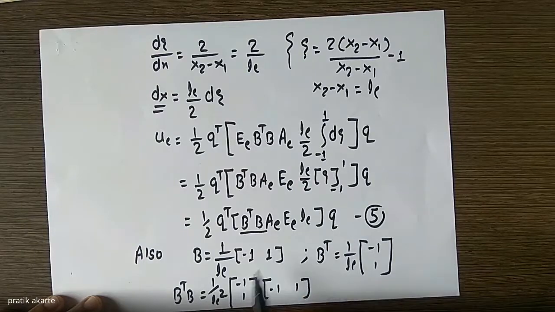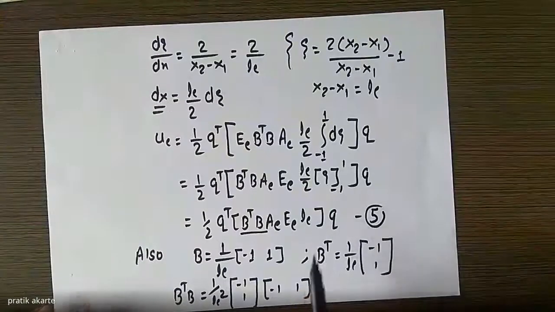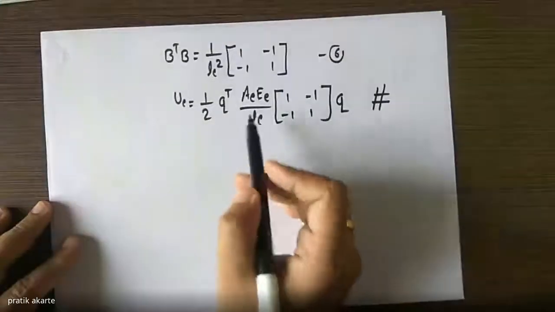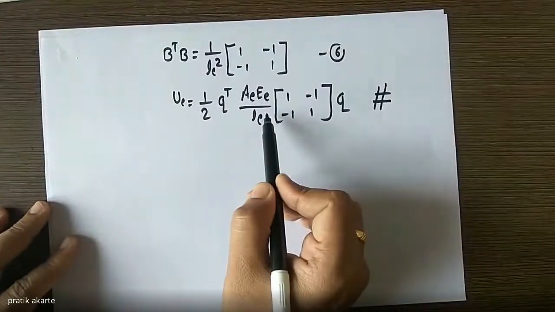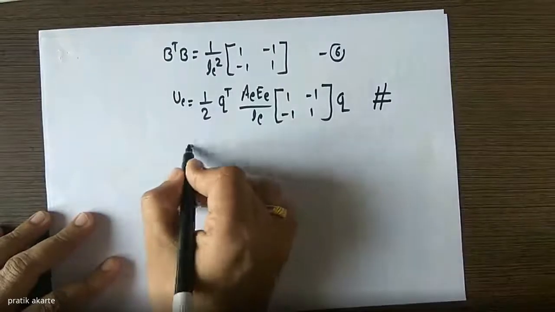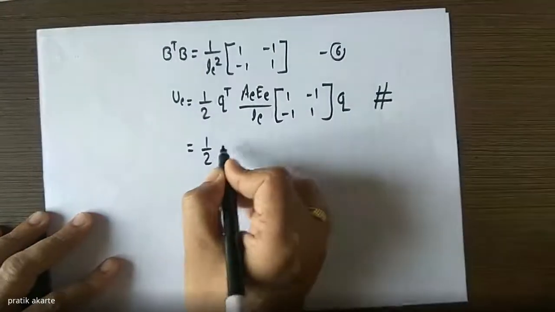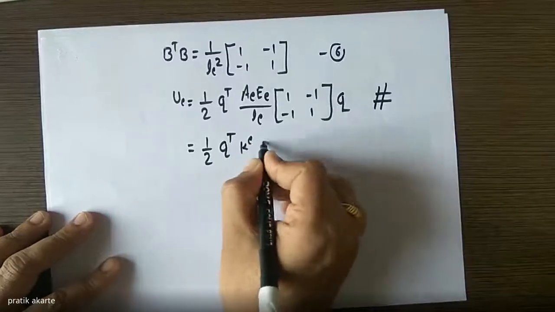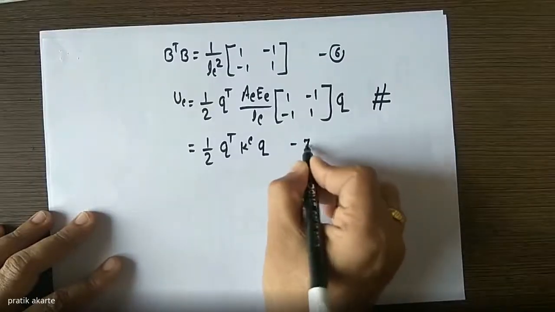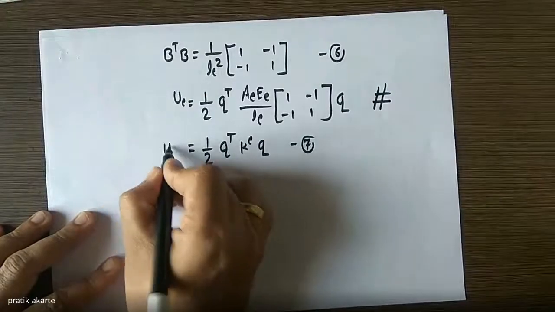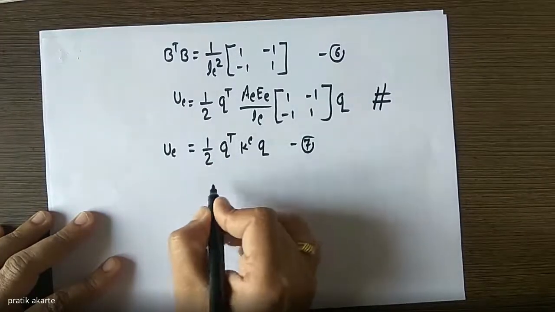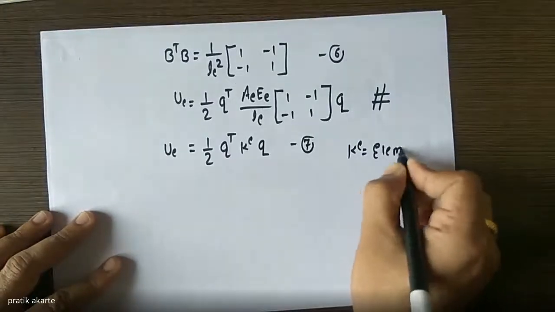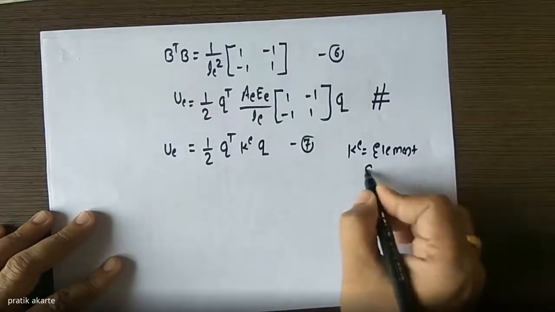So Le square is in the denominator and this Le will get cancelled, and you'll get this equation. So this equation I can write as half of q transpose Ke into q. This is equation number 7, and this Ke is called the element stiffness matrix, which is very important to derive.